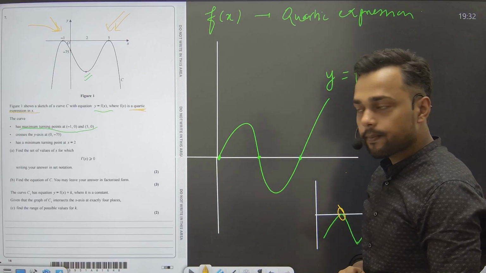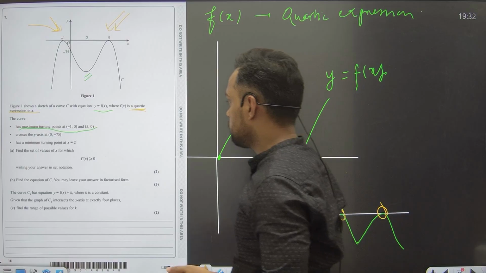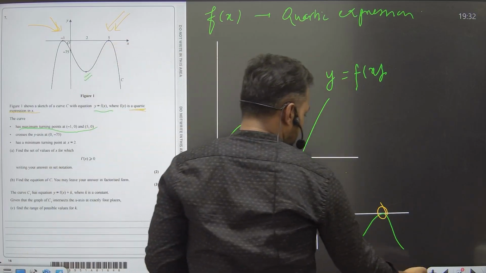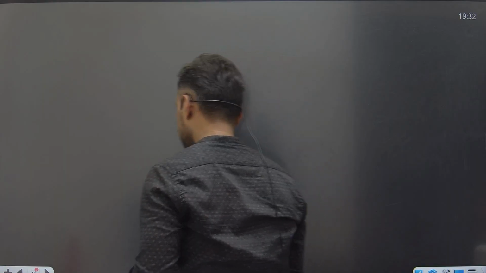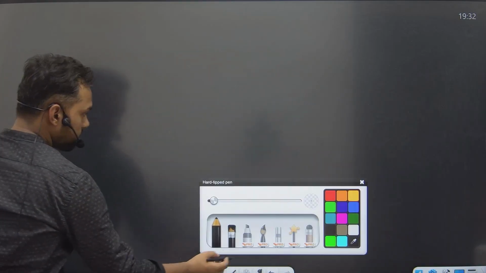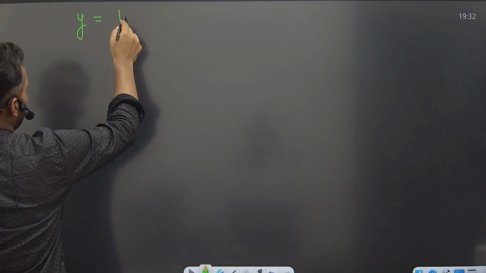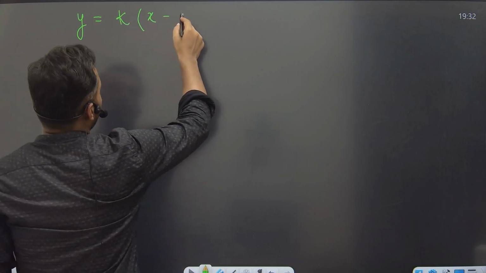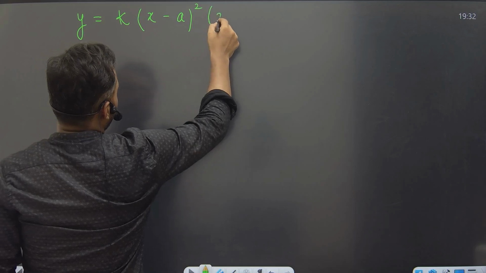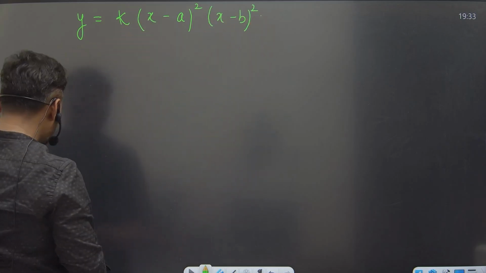Okay, now I'll be solving it for you. Let's say our quartic expression is k(x − a) squared (x − b) squared. Why have I taken this as a double root, student?